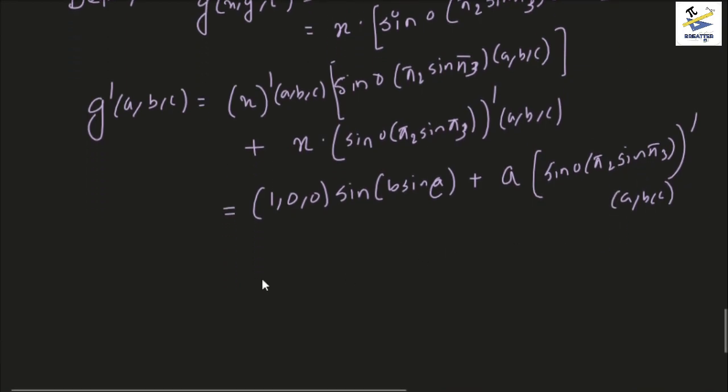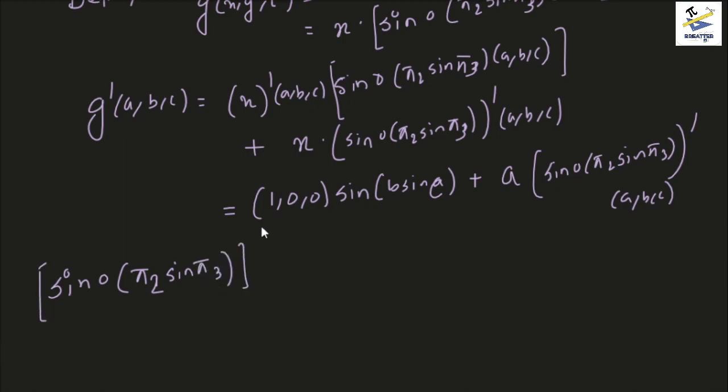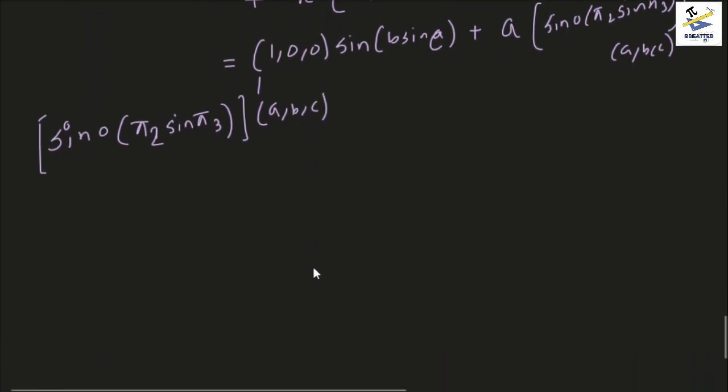Now let us evaluate this separately. Let us evaluate sine of pi 2 sine of pi 3, this thing's derivative at the point A comma B comma C. What we can do here is as follows.